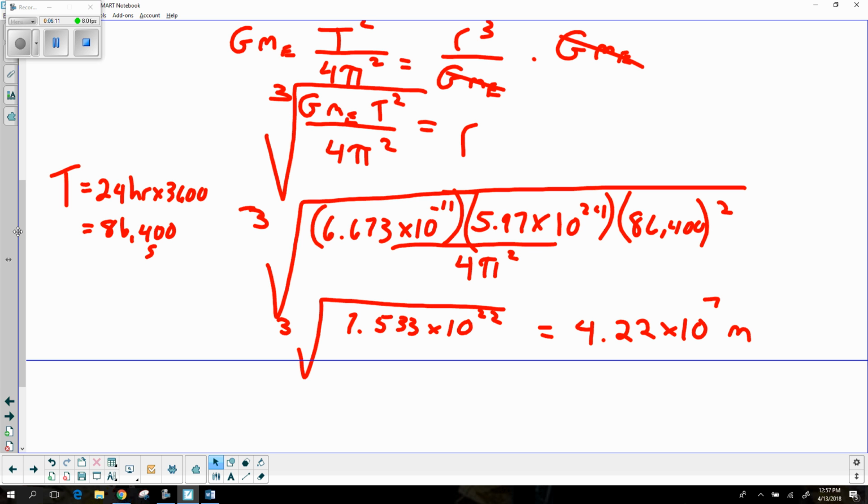Parentheses 86,400 squared in parentheses. Divided by 4 pi squared. And then math cube root. Well, that's what I got again. 4.22 times 10 to the 7th.